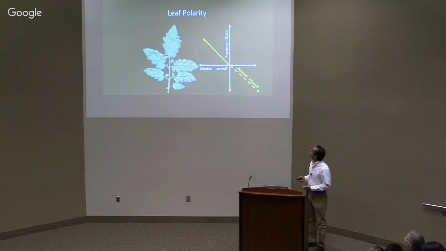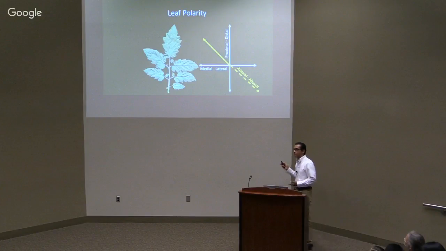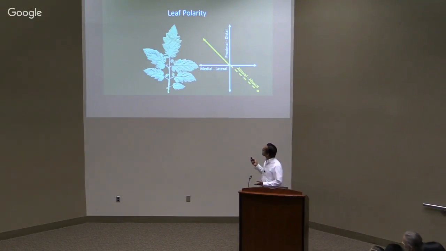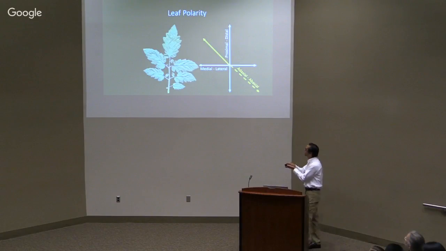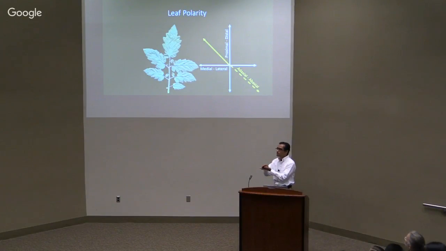And lastly, but more importantly for this discussion, is the adaxial-abaxial axis of the leaf, which determines the leaf polarity. Basically, it determines the top and the bottom of the leaf. And it's the opposing forces of the adaxial and the abaxial against each other that actually produces the medial-lateral, or the flattening of the leaf.